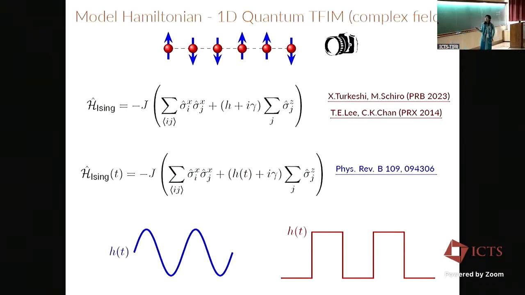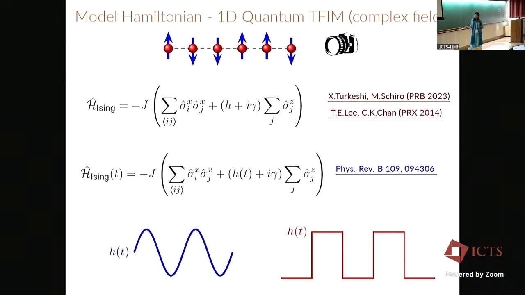And later in 2023, there is a paper by Turkeshi and Schiro who showed that if you quench using this kind of Hamiltonian and initial state, then depending on the dissipation, one can have interesting entanglement scaling properties of the steady state.